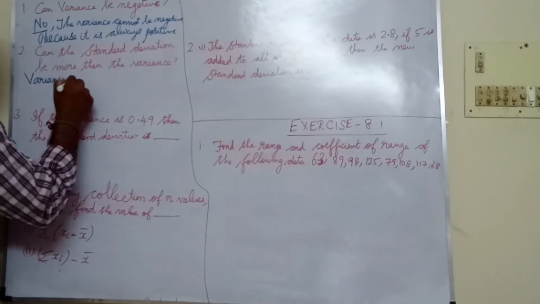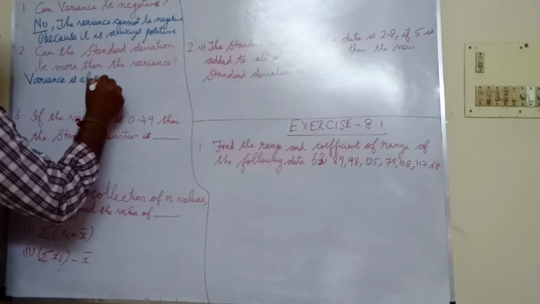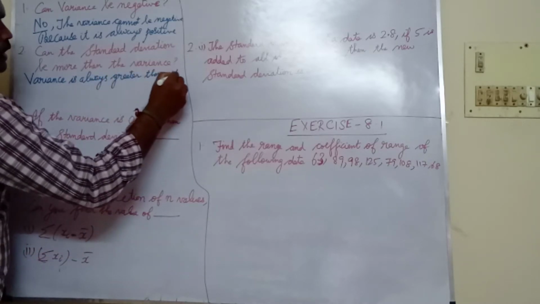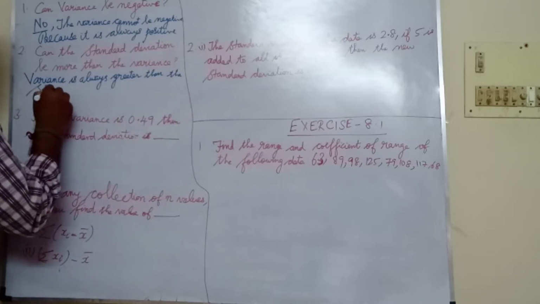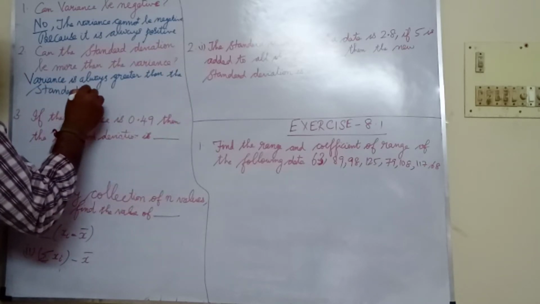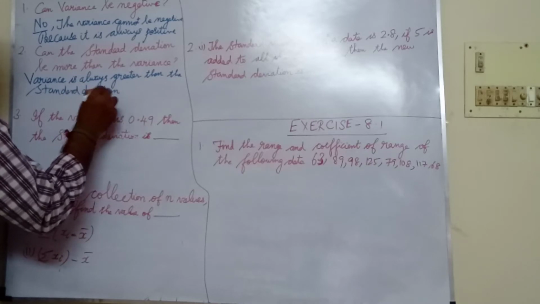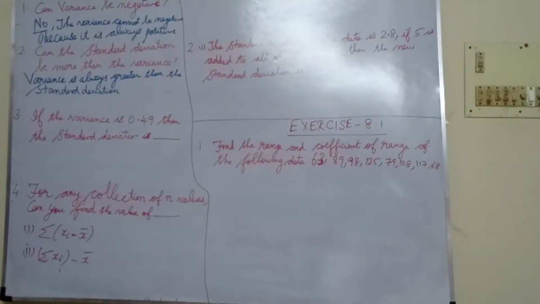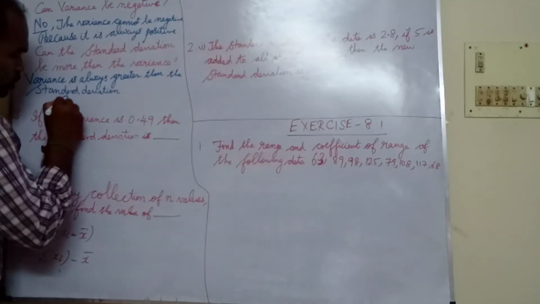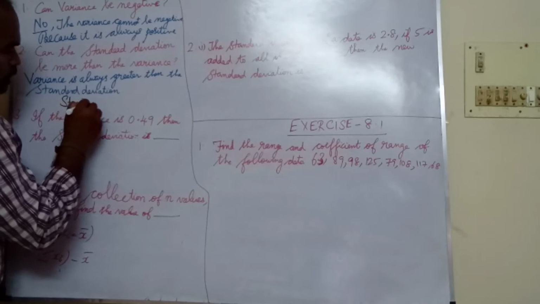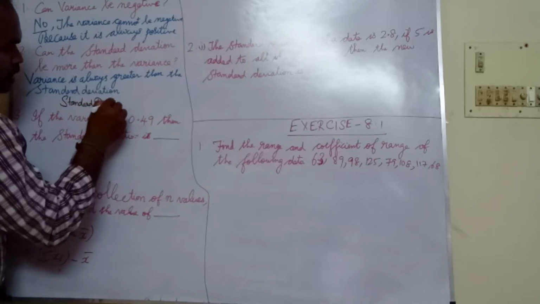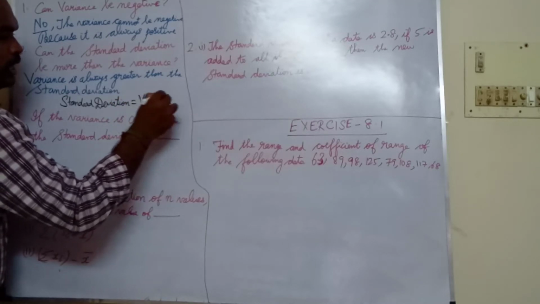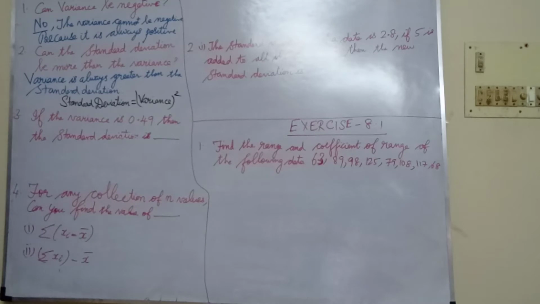So what would be the formula? We need to write it. Standard deviation is equal to the square root of the variance.